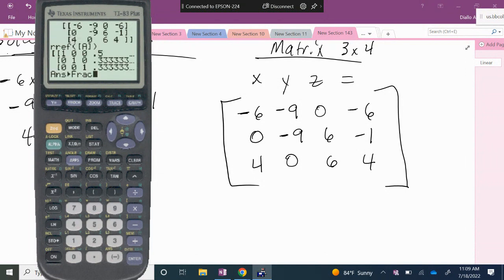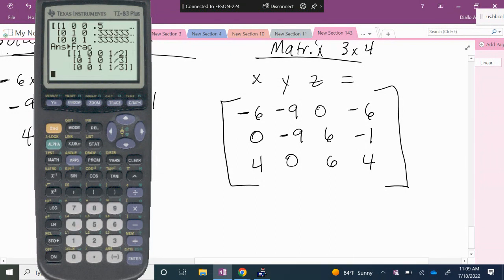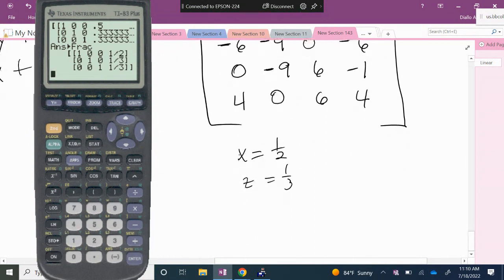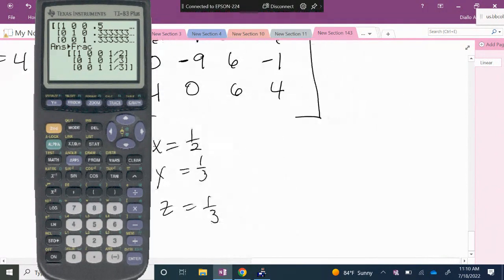It's going to attempt to change whatever is given into a fraction. And we have our solution matrix. So x is equal to 1/2. Excuse me, y is equal to 1/3. And z is equal to 1/3. Right, so our solution is 1/2, 1/3, 1/3.